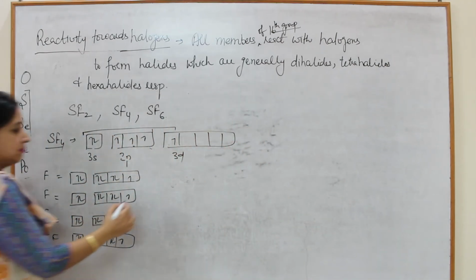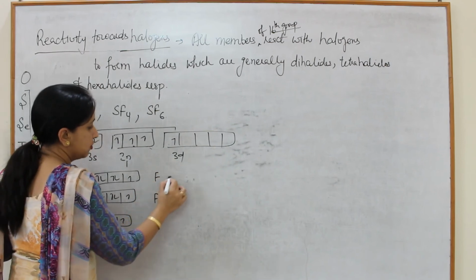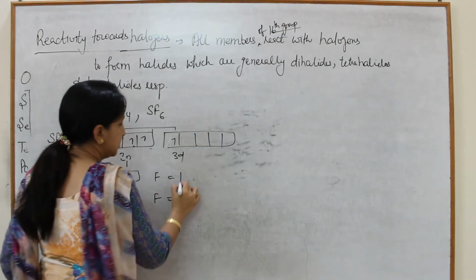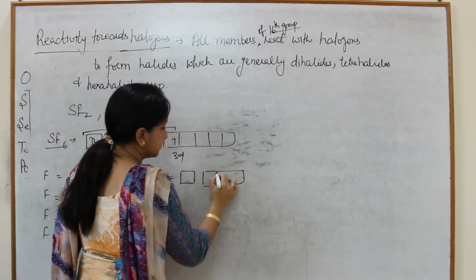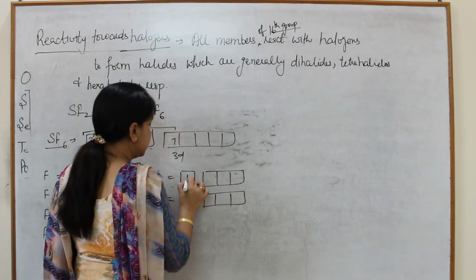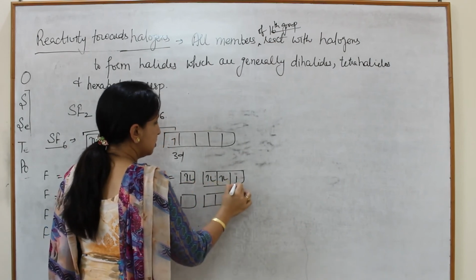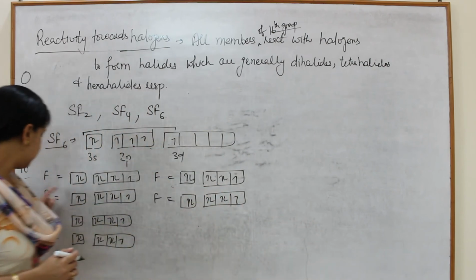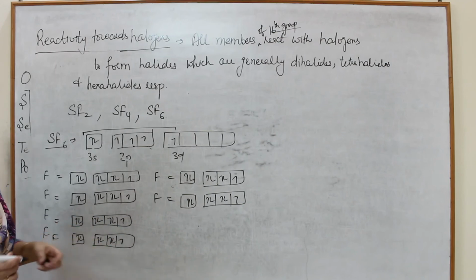Seesaw geometry. Last we have left with the sulfur hexafluoride. All things are same, but we have 2 more fluorines. Now SF6. 2s2 2p5, so 1 2 3 4 5 6 fluorines. We require 6 unpaired electrons.